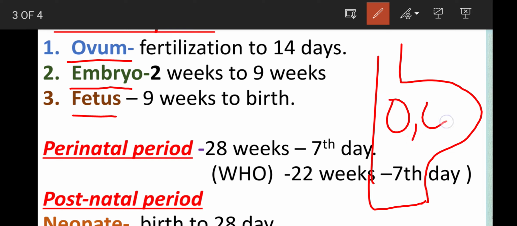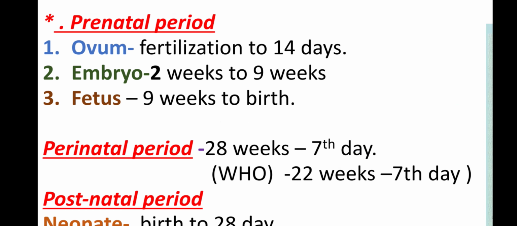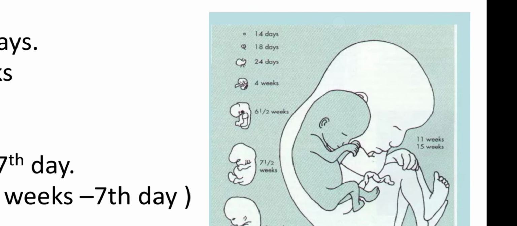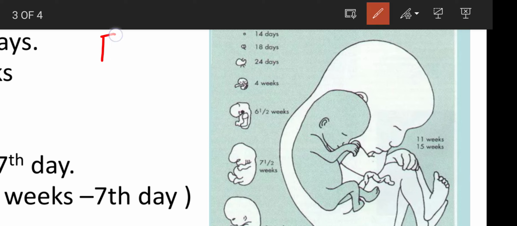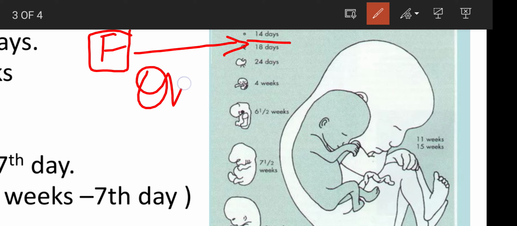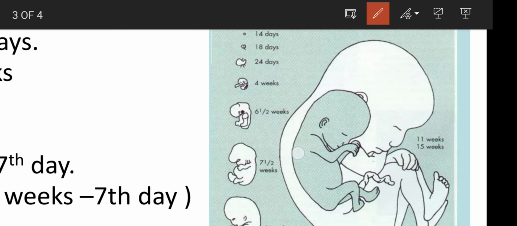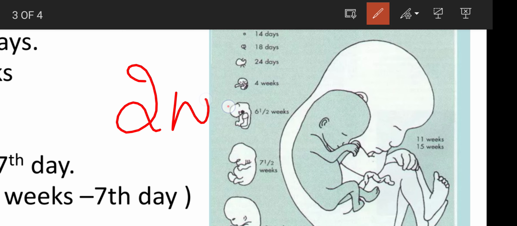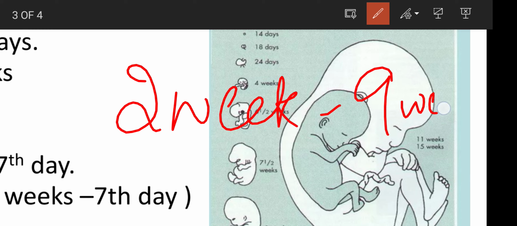When it is from fertilization to 14 days, from the day of fertilization until the 14 days, it is considered to be an ovum. Next, from the 14th day, that is 2 weeks, up to 9 weeks, it is considered to be an embryo.